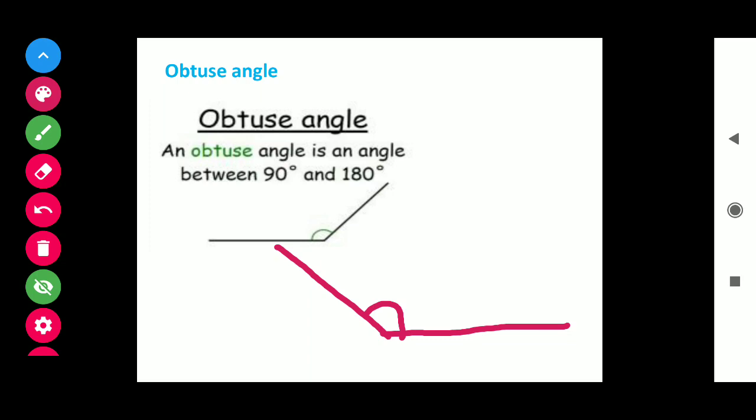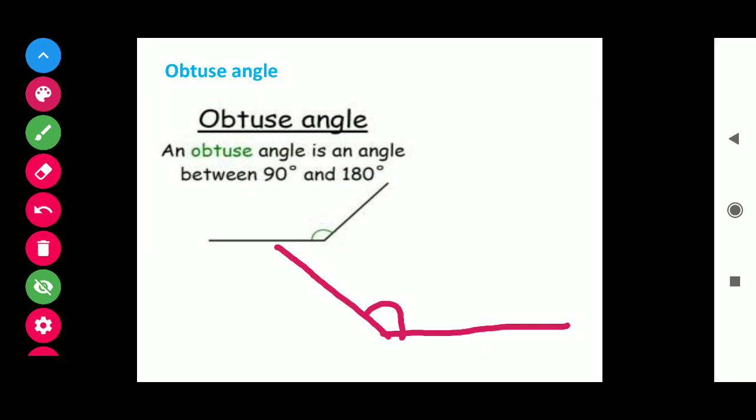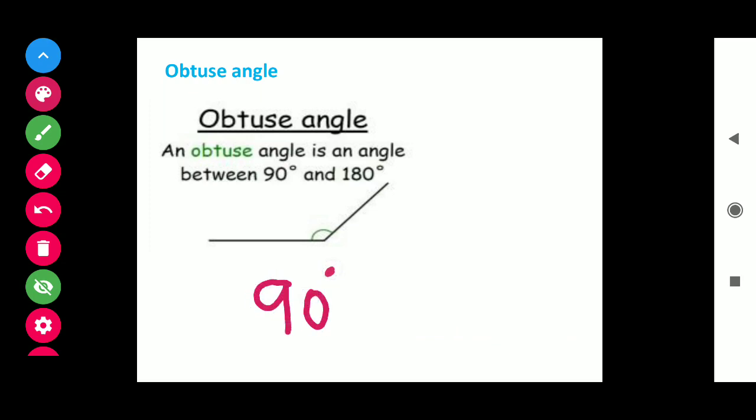This is an obtuse angle. This is also an obtuse angle. So when the measurement of any angle is more than 90 degrees and less than 180 degrees, then it is called an obtuse angle.